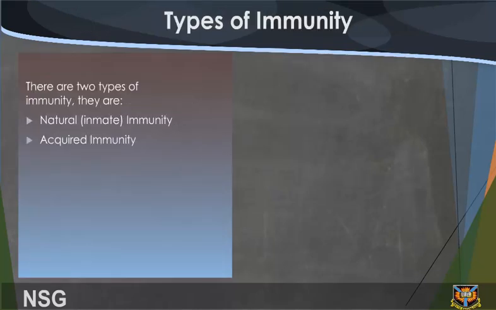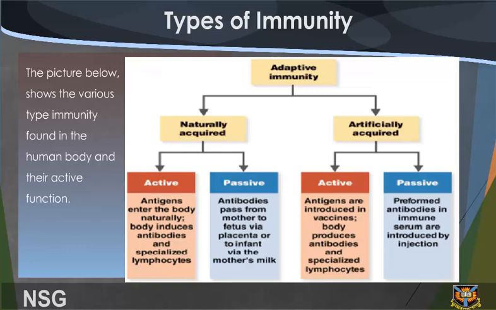Types of immunity. There are two types of immunity. They are natural innate immunity and acquired immunity. The picture below shows the various types of immunity found in the human body and their active function. Adaptive immunity. Naturally acquired and artificially acquired. Active. Antigens enter the body naturally.